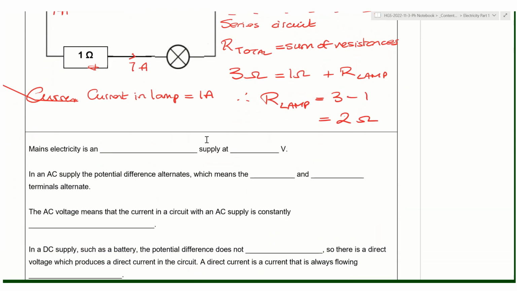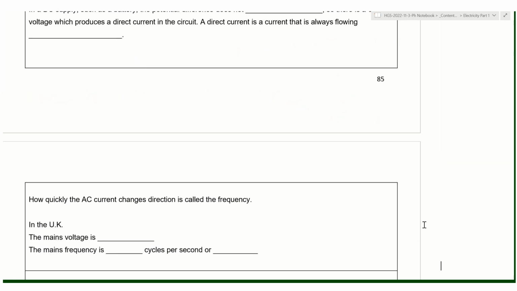Right, we're looking at mains electricity, which comes from the plug, and I've said that it is different to the electricity that we get from a battery. And in the electricity from a plug, what we see is that the potential difference, rather than being one single value, like 3 volts, as we saw in the slide above, it changes.